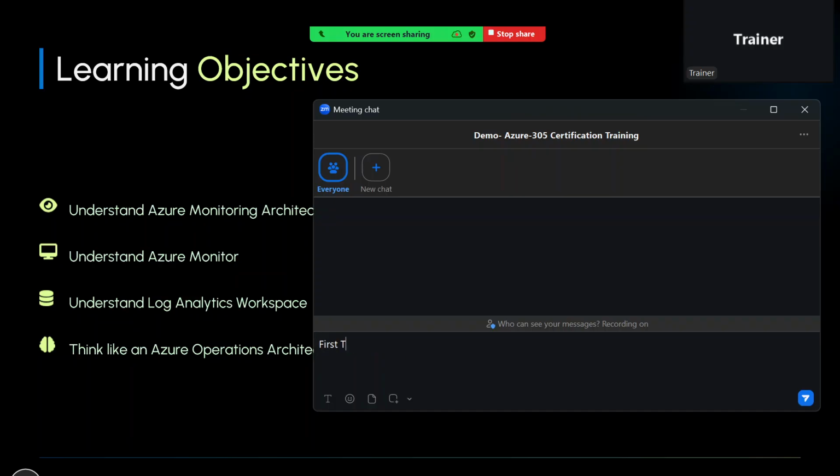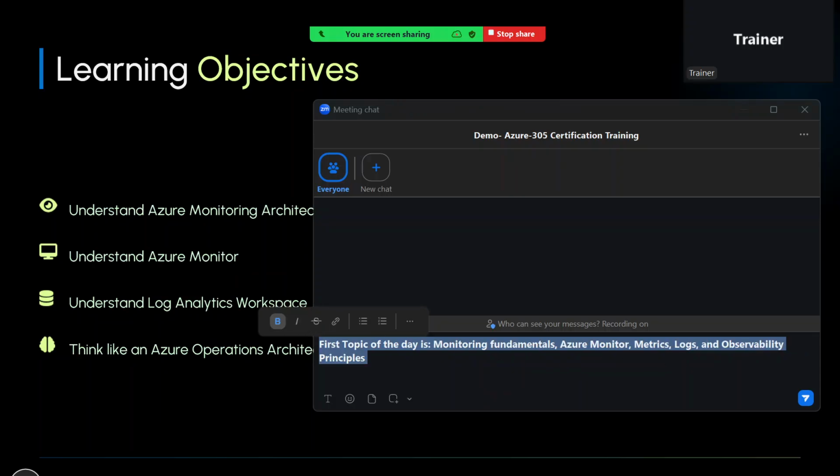Our first topic of the day is monitoring fundamentals, Azure Monitor, metrics, logs, and observability principles. So these are our first topics.